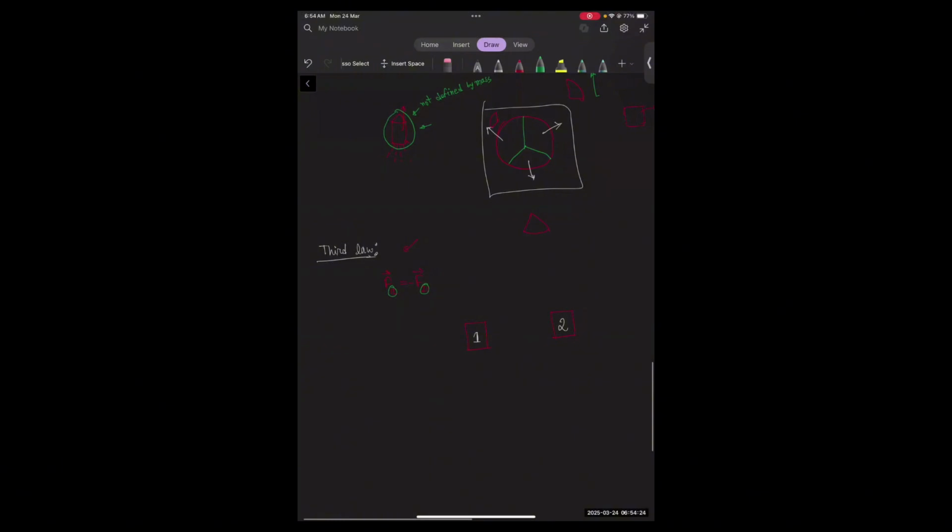So let's say object 1 exerts a force on object 2. We mark it as F12. What is F12? F12 is basically the force on object 1 due to object 2.